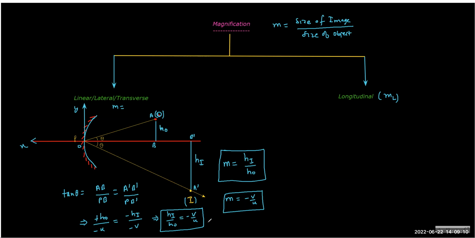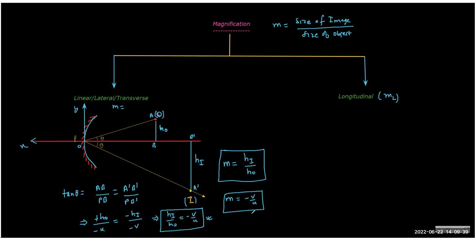You can always equate these two relations. So this is something you can always use. Magnification is negative. It means one is real, other is virtual, and vice versa. Sorry, both are real. Real object, real image, or virtual object, virtual image, maybe something like that.